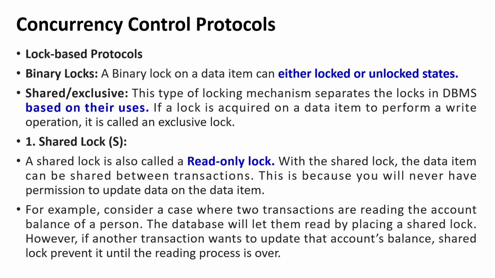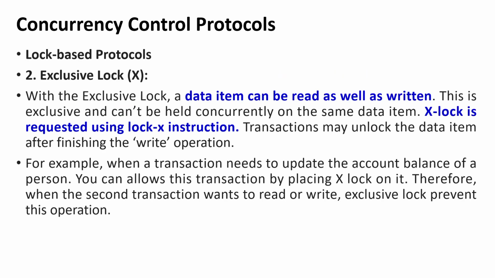It consists of two types, binary locks and shared-exclusive locks. A shared lock is a read-only lock, and an exclusive lock is on a data item which can be read as well as written. An X-lock is requested using the lock-X instruction.